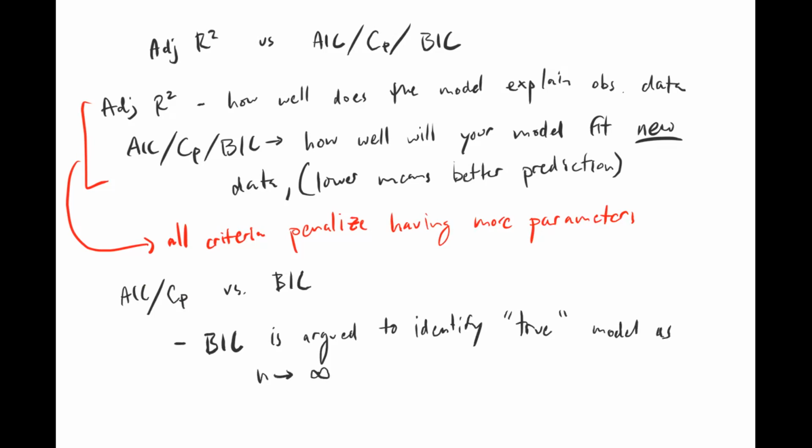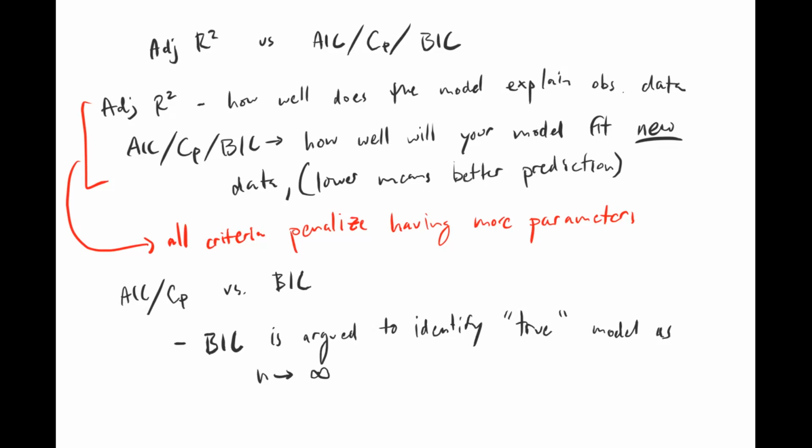So typically, when you have larger and larger data sets, if you have more observations, because the BIC includes this additional term about how the fit relates to that.